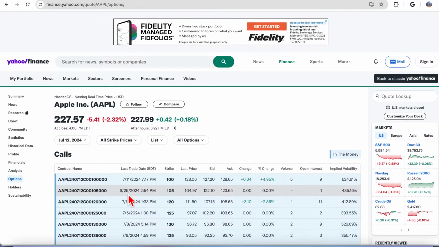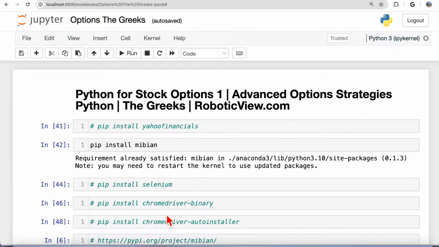I decided to scrape information from their website. In my example here, I'm going to show you how you could grab information from Yahoo Finance or from any other website.